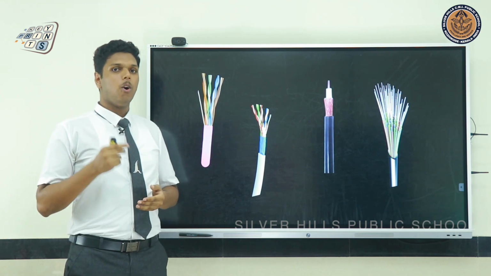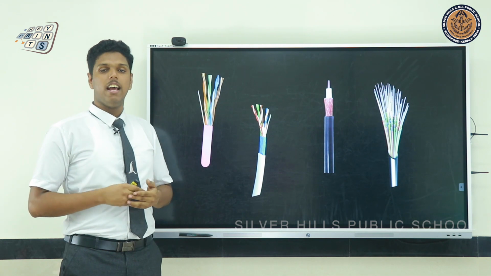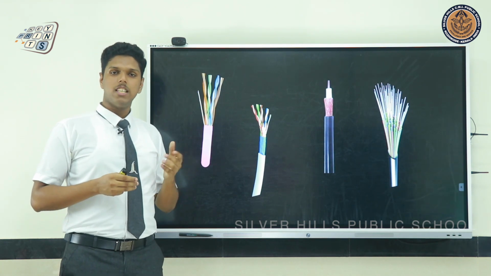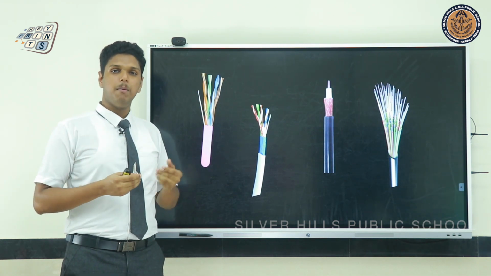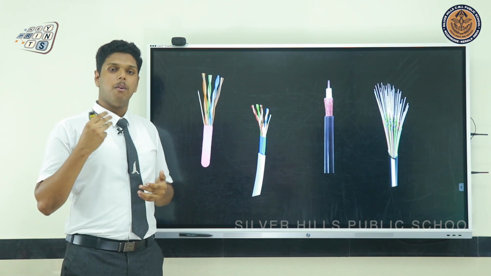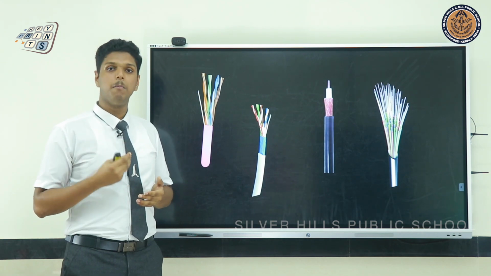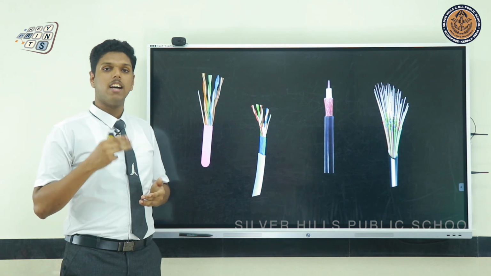Shielded twisted pair cable has a metal foil around it, which gives it support and also makes it immune to eavesdropping for longer line lengths.